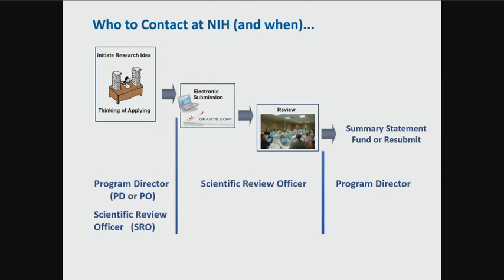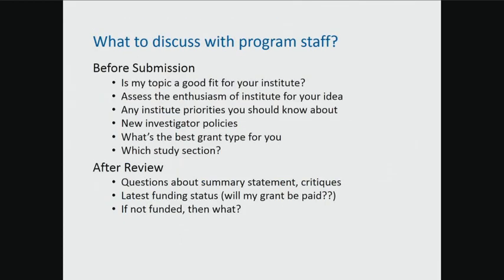If there's anything going on with you, professionally or personally, that's going to potentially impact your K or your R01 or whatever, let me know. Sometimes there are things we can do to help. It never hurts to let us know what's going on.